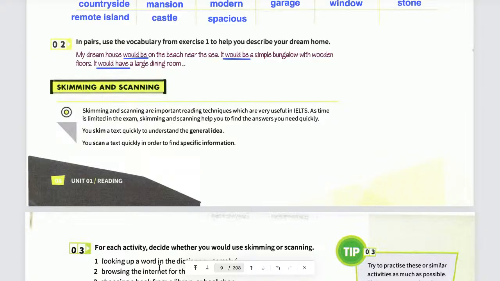Now, skimming, what does that mean? You said that you understand it completely, and now I just asked a very simple question. Skimming, what does that mean? You don't know. Like you read it in the very quick way.